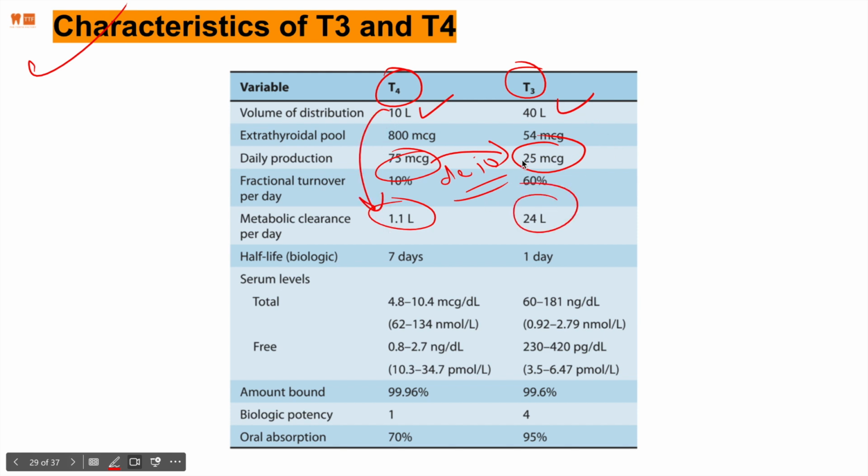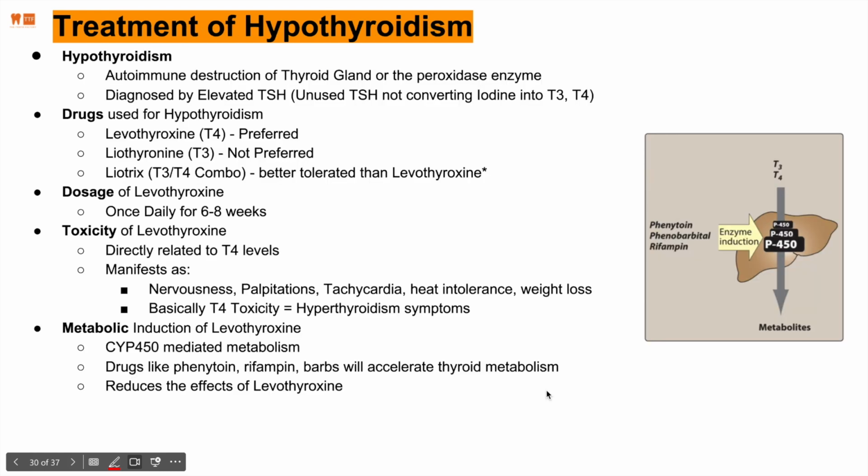T3 is cleared by 24 liters per day. What we need to know here is that the amount of binding is the same because they both taxi together from the thyroid gland to target tissues. Biologic potency, 1 and 4. Obviously, if T3 is more active, T4 needs to convert to T3. These are just some values from our references, guys.